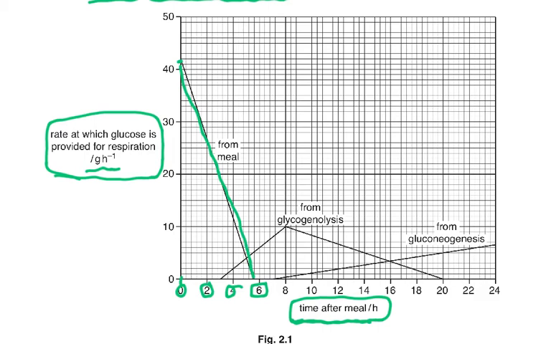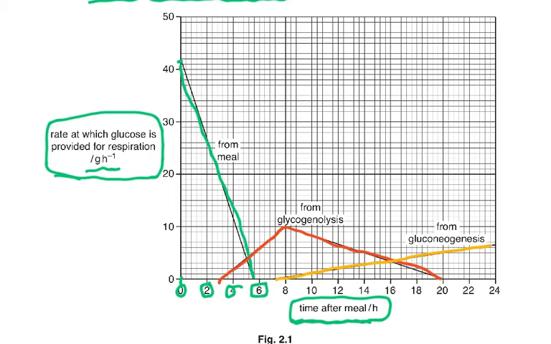Then from glycogenolysis we see that it increases and then it decreases. And then if you look at the third one, from gluconeogenesis, it increases by about 7 hours, and then it increases to the 24 hours.